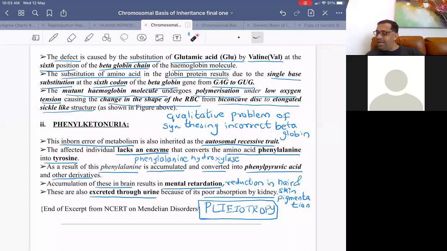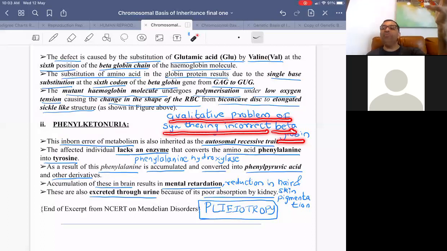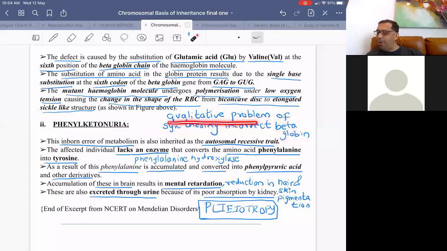Sickle cell anemia is a qualitative problem of synthesizing an incorrect beta globin chain. It is quality defective. Remember, thalassemia was quantity defective because the chain was not being made at all. And sickle cell anemia is a quality problem, because the beta globin chain is being made, but it is mutated, so it is the incorrect beta globin chain.